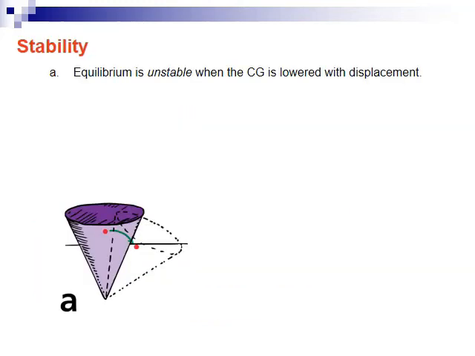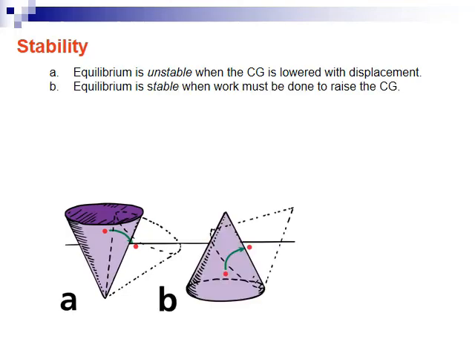Equilibrium is said to be unstable when any motion will lower the center of mass of the object. Equilibrium is stable when work must be done to raise the center of gravity.